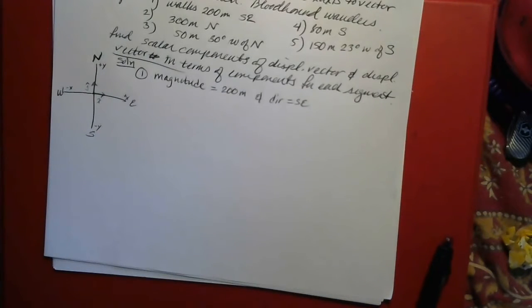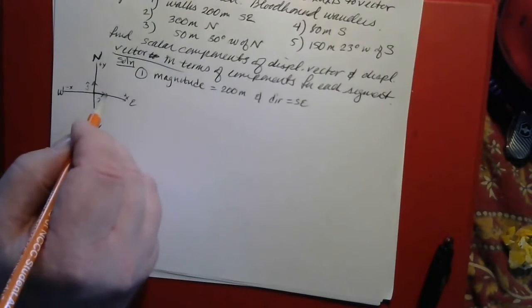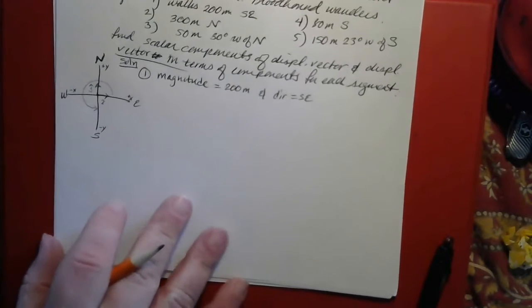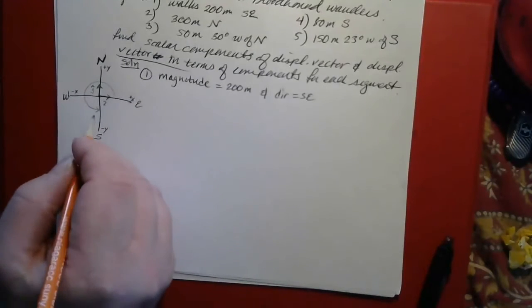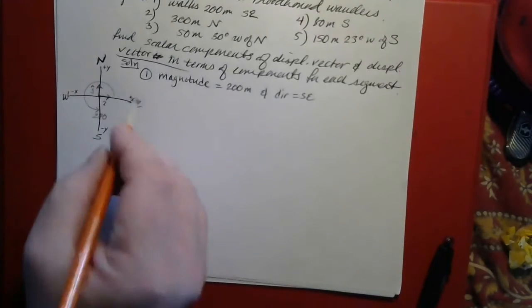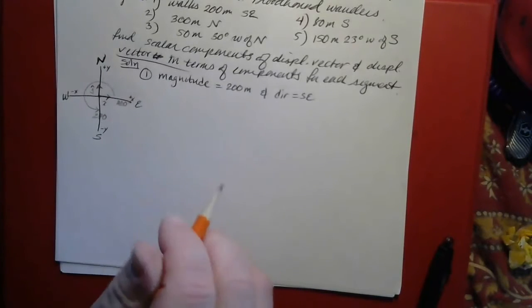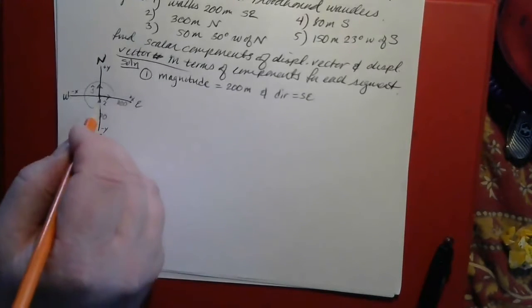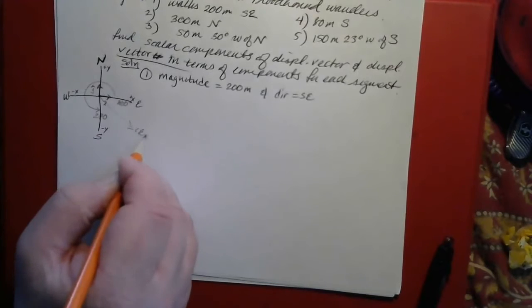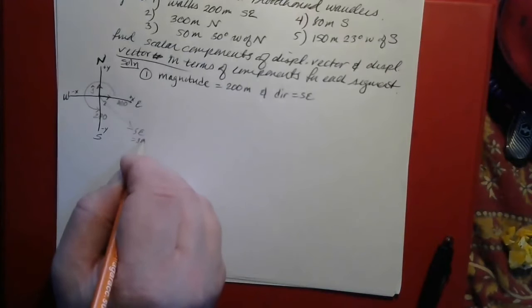Southeast is the direction that's halfway between south and east. Going around the axes from the positive axis counterclockwise, the south direction would be 270 degrees, and going all the way back around to east would be 360 degrees. Halfway between those would be southeast, and that turns out to 315 degrees.